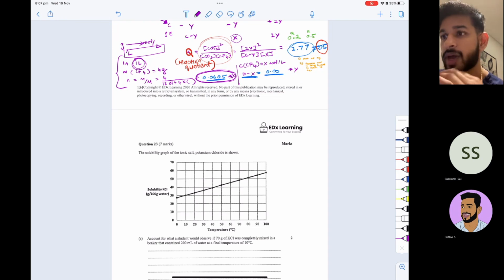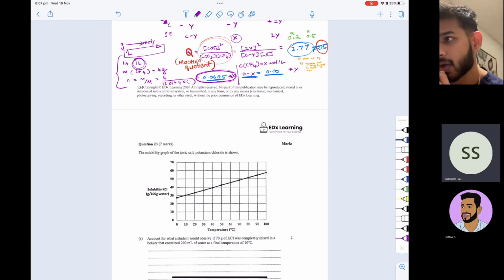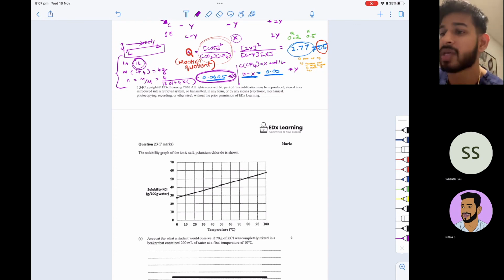So you just want to show HA being 2 particles, and then all of HA breaking up into H plus and A minus. That is a strong acid. For a weak acid, 20% of the HA molecules would break into H plus and A minus. And then concentrated is just the number of particles, right?